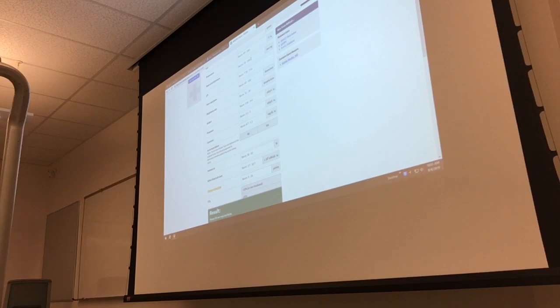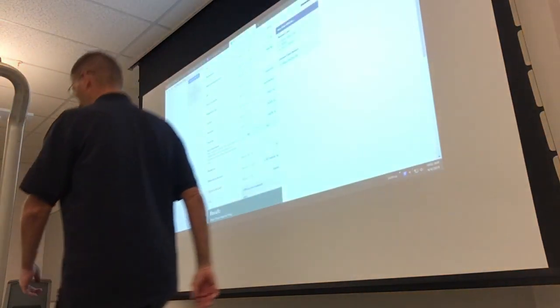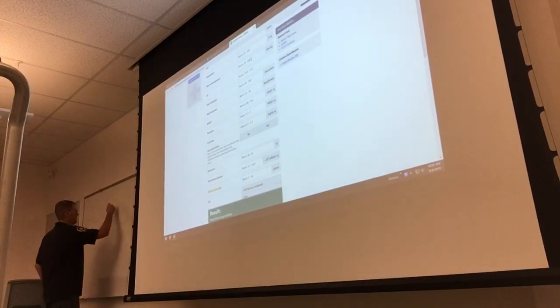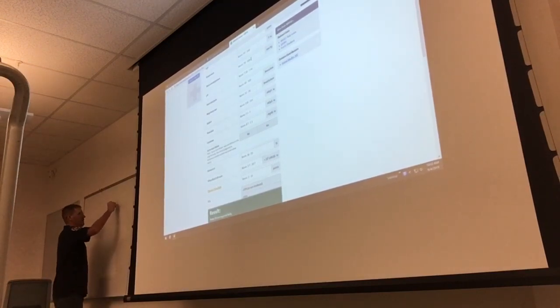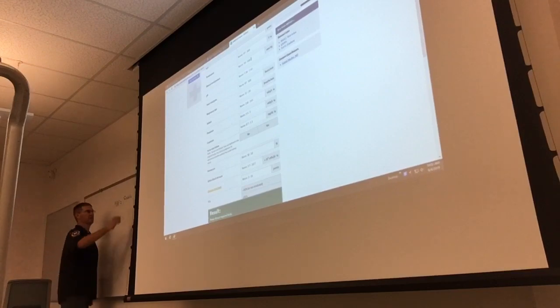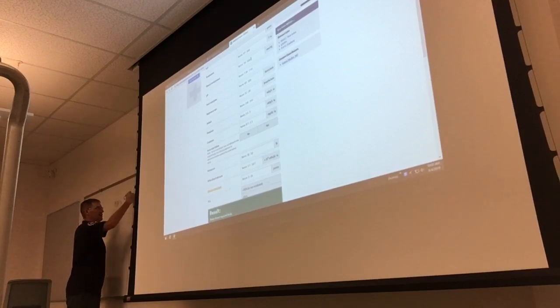So mean arterial pressure is the average pressure in the vasculature. Mean arterial pressure equals whatever your systolic blood pressure is, plus 2 times the diastolic.